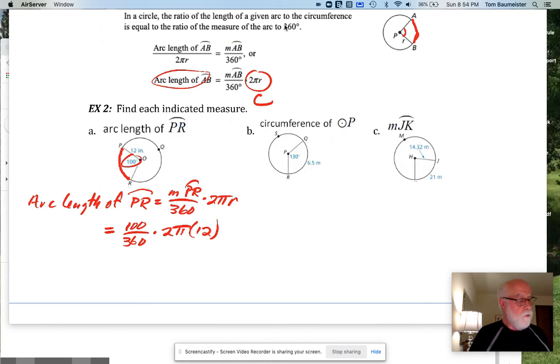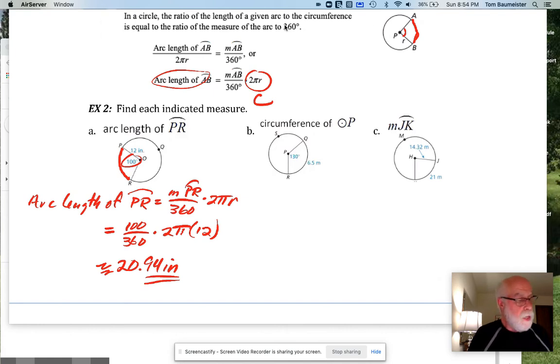All right. So if we plug all of that into our calculator, again, you should get that the arc length of PR is approximately 20.94, and we were in inches in this case.